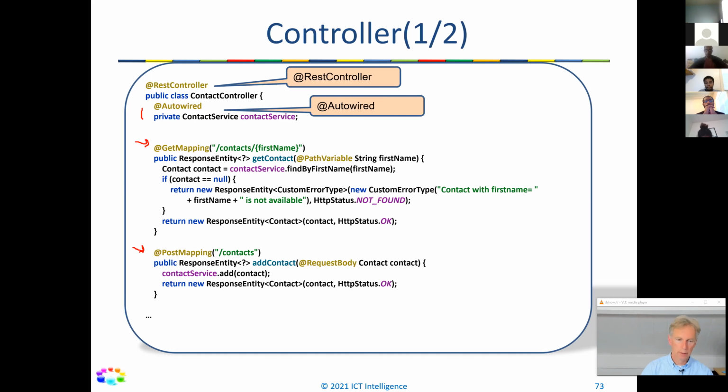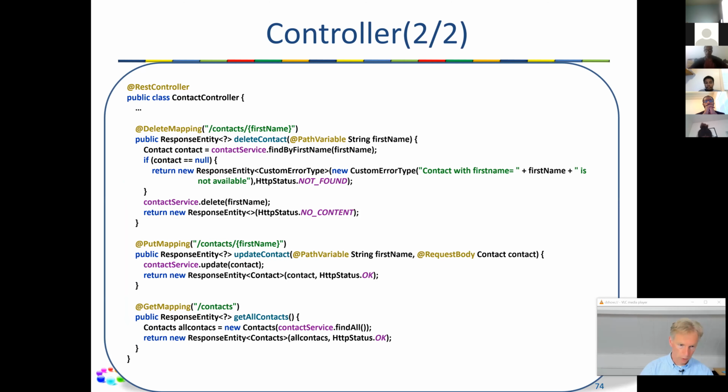If you want to do something when you send a DELETE, you have a @DeleteMapping, and we also have a @PutMapping. And then here there's a second @GetMapping that is basically give me all the contacts. The first one is give me a contact with a certain name. This one gives me all the contacts.